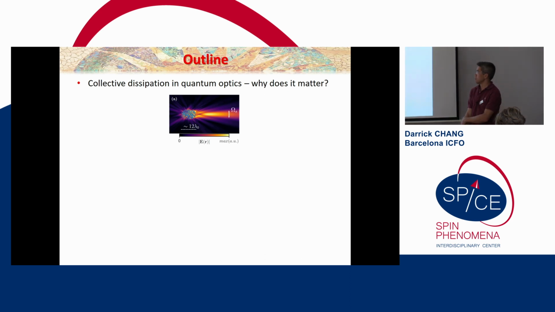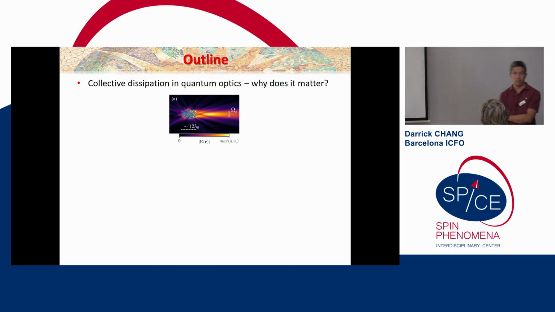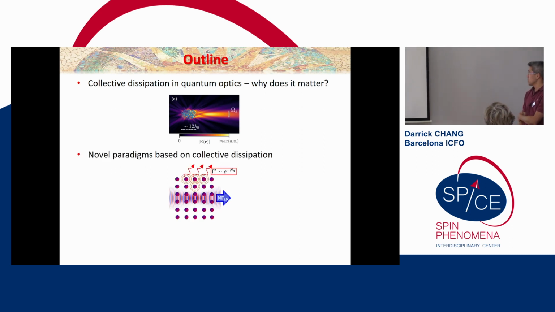OK, so I thought in the tutorial I would try to cover three very general but important questions. So in quantum optics, why might we care about collective effects and collective dissipation?